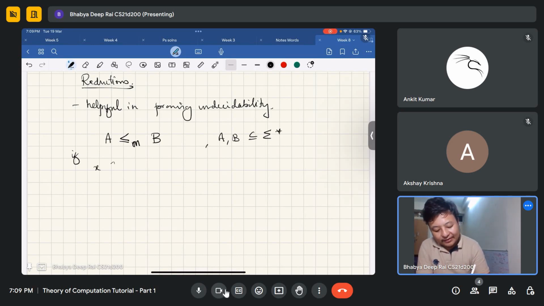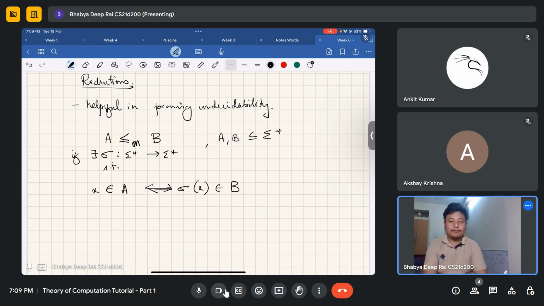Then first of all, there is a function sigma which takes in some string and gives us another string, such that a string x belongs to A if and only if, that is, it is necessary and sufficient that sigma of x belongs to B. Now, what does it mean?